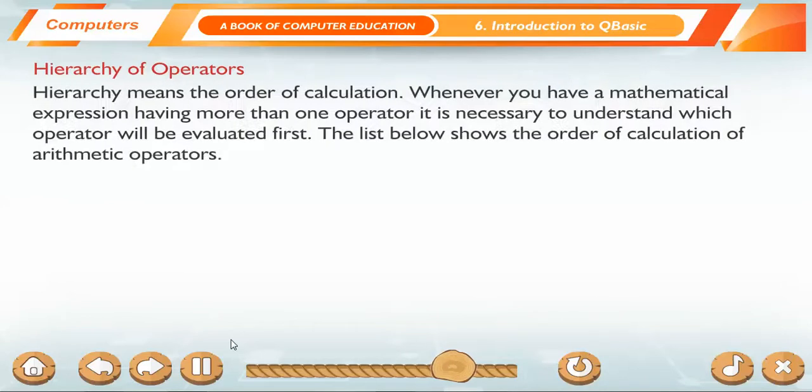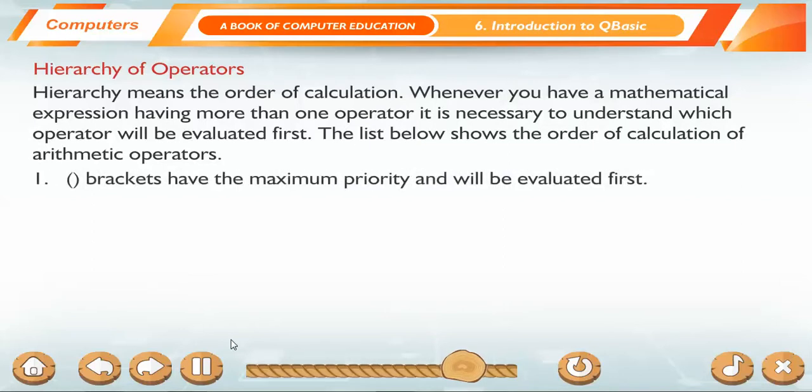Hierarchy of operators. Hierarchy means the order of calculation. Whenever you have a mathematical expression having more than one operator, it is necessary to understand which operator will be evaluated first. The list below shows the order of calculation of arithmetic operators. Brackets have the maximum priority and will be evaluated first.